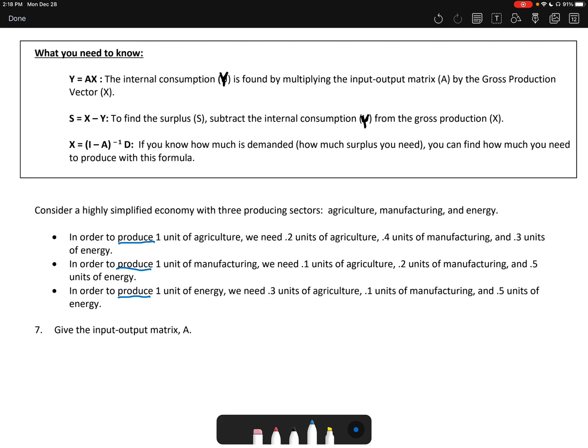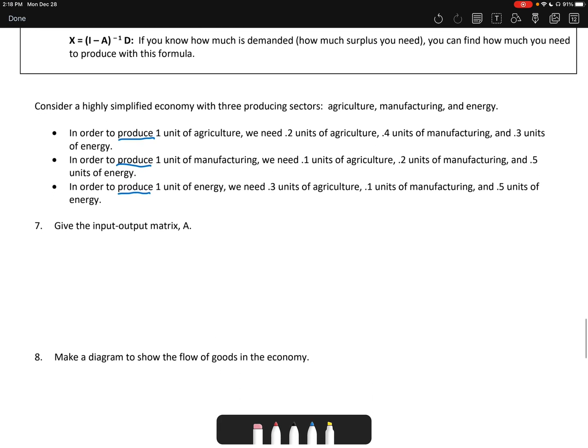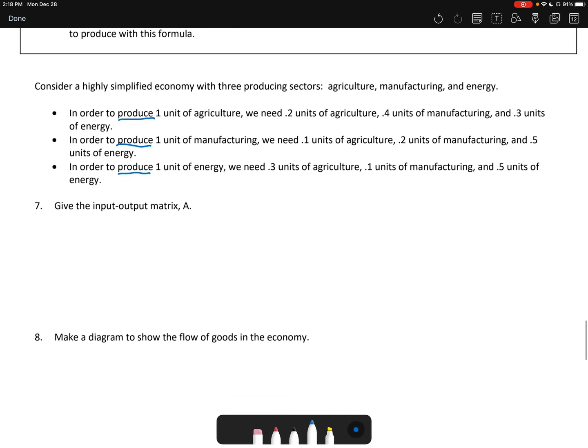So if I'm going to draw my input-output matrix A, remember, we always keep everything in the order that's told to us. So for us, it's going to be agriculture, manufacturing, and energy in order each time.